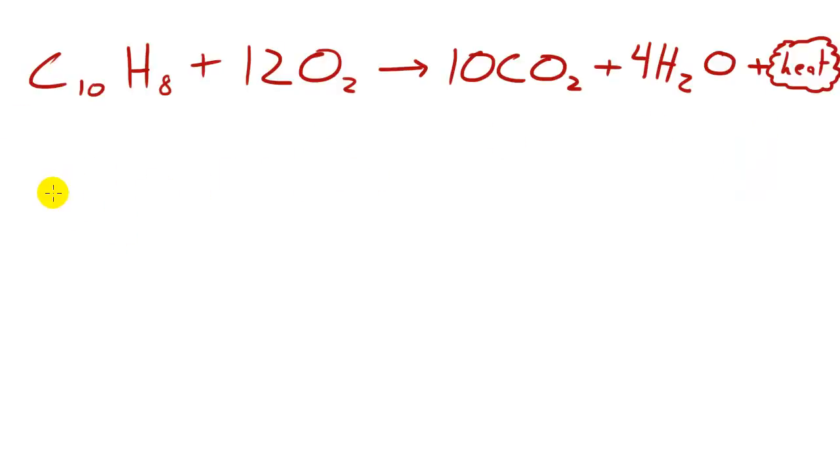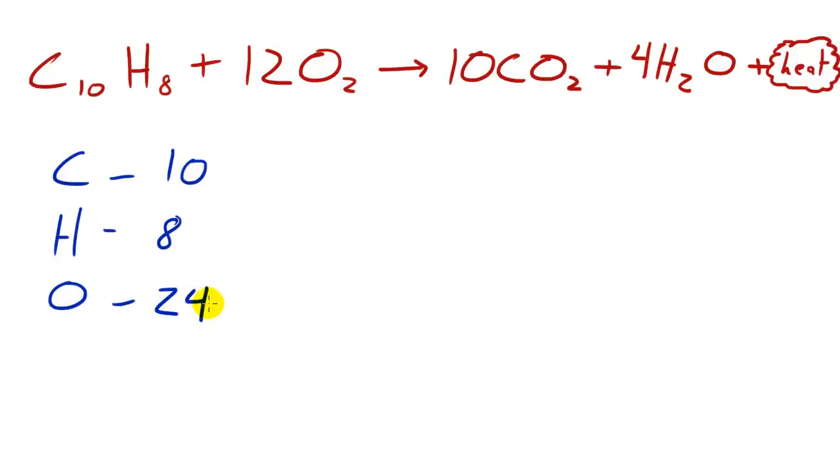Now if we balance this baby, we can see that there are 3 types of elements on the left hand side: carbon, hydrogen, and oxygen. You have 10 carbon, 8 hydrogen, and 24. Whoa, whole lot of oxygen there. So now let's do the same on the right hand side, make sure we didn't mess up.